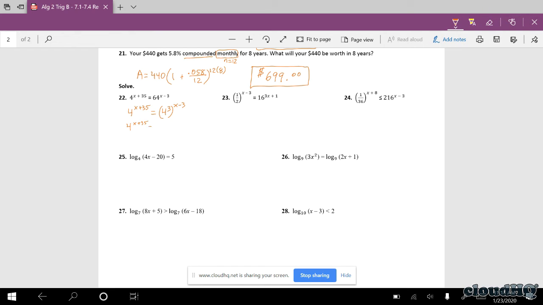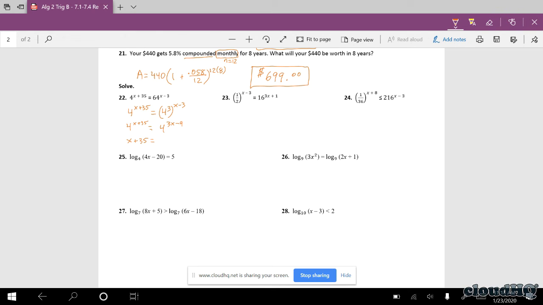On the right side, since I already had an exponent there, I have to multiply that exponent by 3. 4 cubed to the power of x minus 3. The 3 gets distributed, becomes a 3x minus 9.